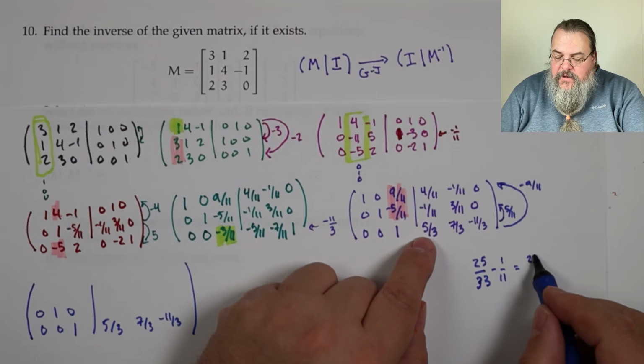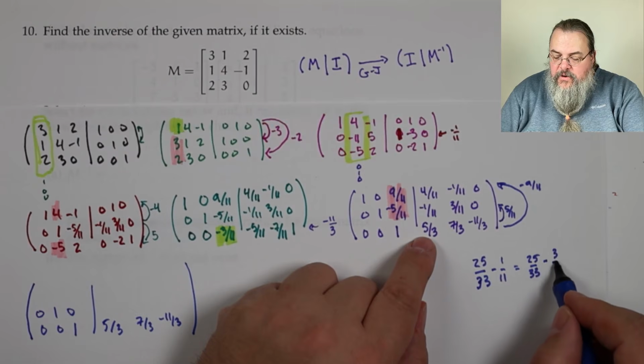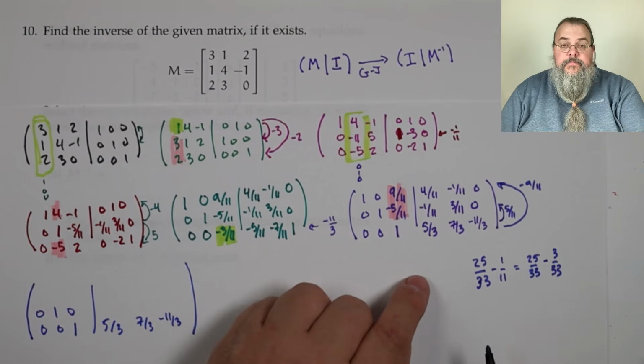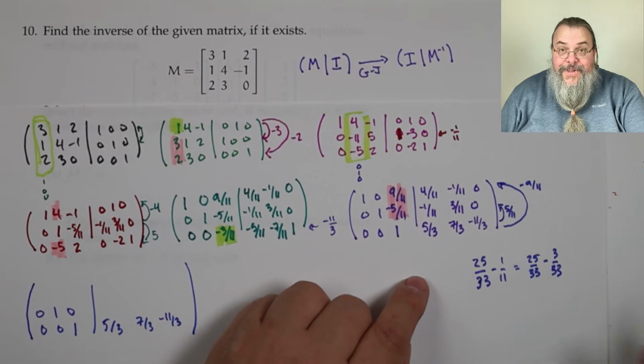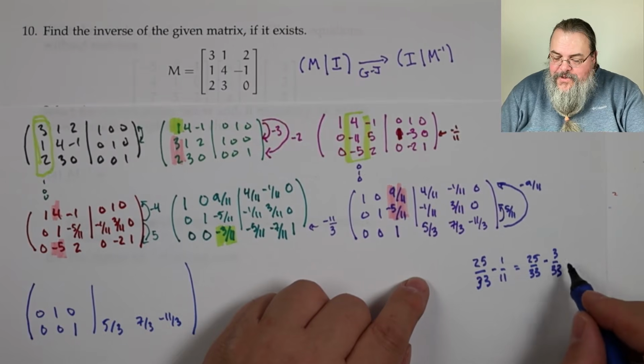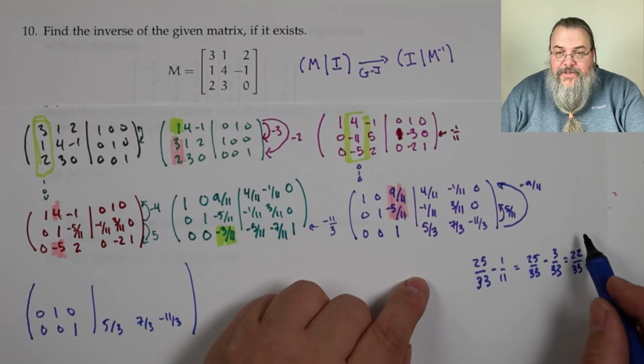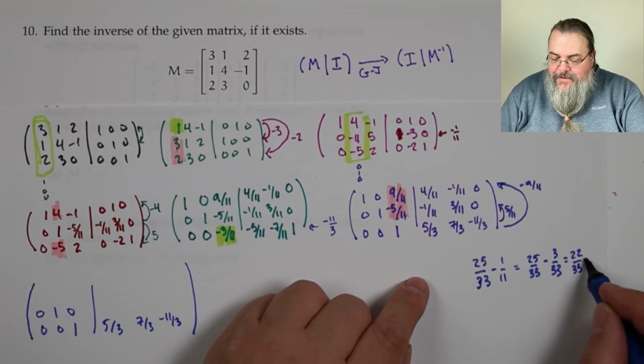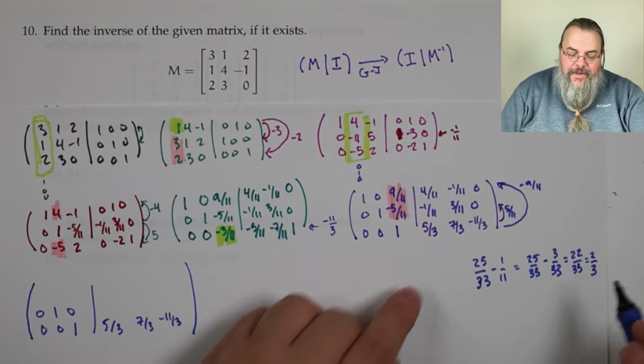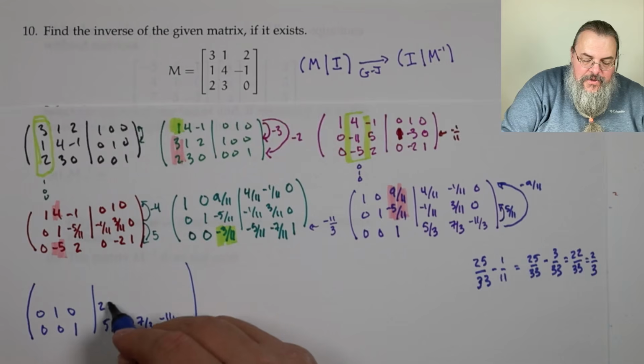That's 25 over 33 minus 3 over 33. Yes? It is. Which is 22 over 33, which, notice, they both have factors of 11. That makes 2 over 3. So, 2 over 3.